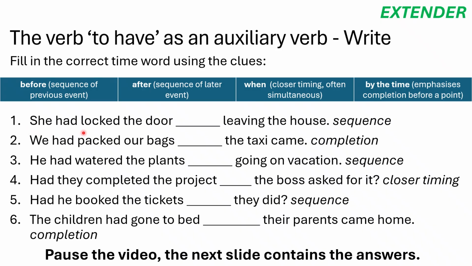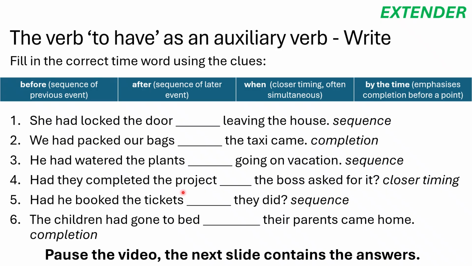1. She had locked the door, leaving the house. Sequence is the clue. 2. We had packed our bags. The taxi came. Completion is the clue. 3. He had watered the plants. Going on vacation. Sequence is the clue. 4.